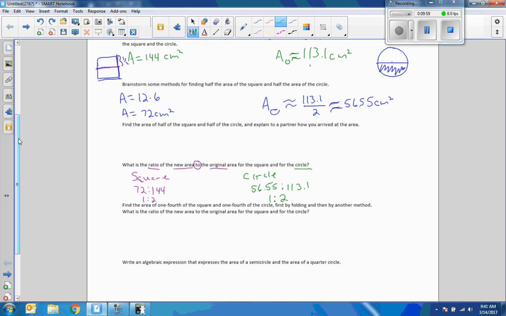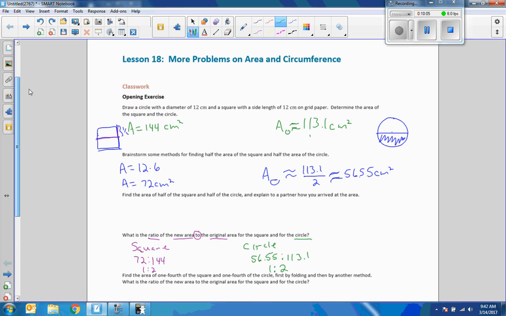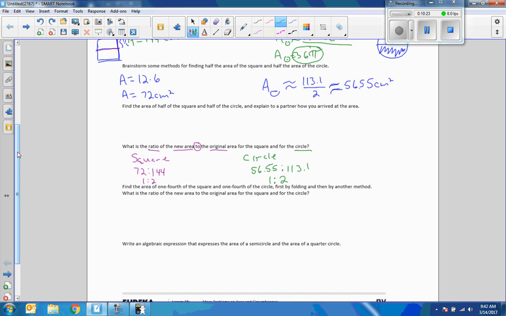Okay. Find the area of 1/4 of the square. Now since we're starting to do quarters and all that, let's do it in terms of pi here. So the area of the circle is pi r squared. So that would be 36 pi. So let's just use 36 pi, which is what this approximation is for the rest of our stuff. All right. So find the area of 1/4 of the square and 1/4 of the circle.